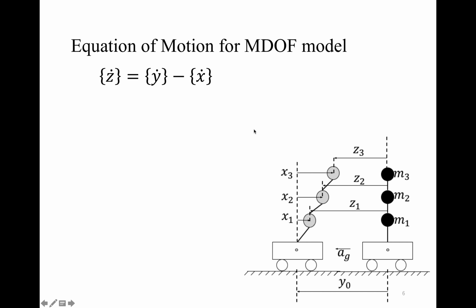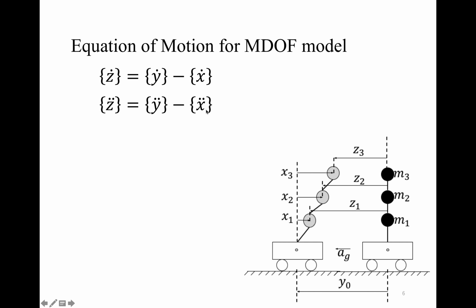Due to this kind of model, if we take the differential, it also becomes like this, and the second differential, meaning acceleration, also becomes like this in vector equations.